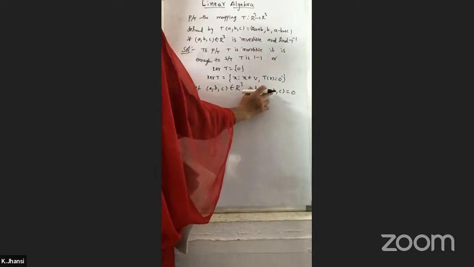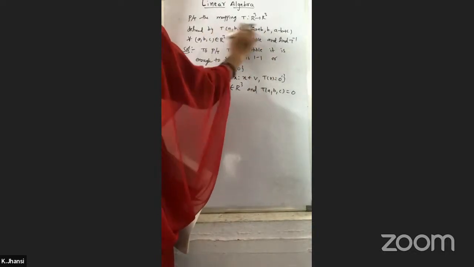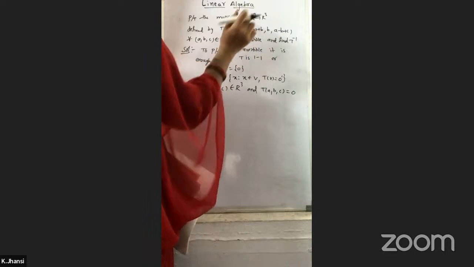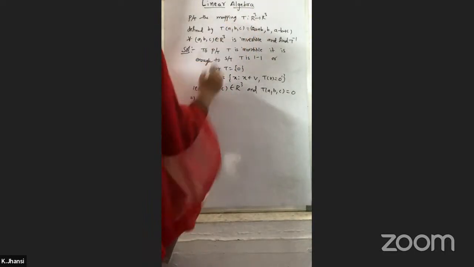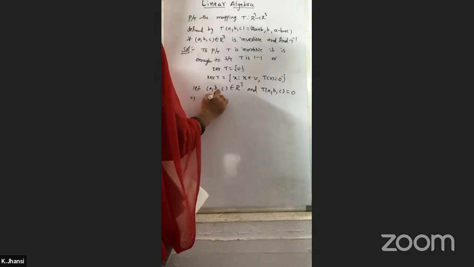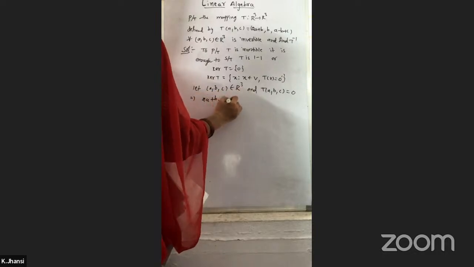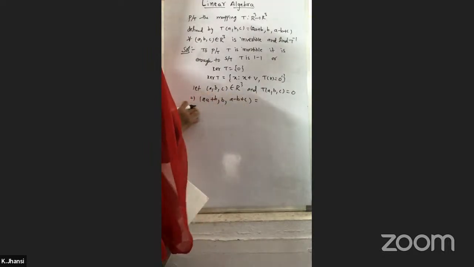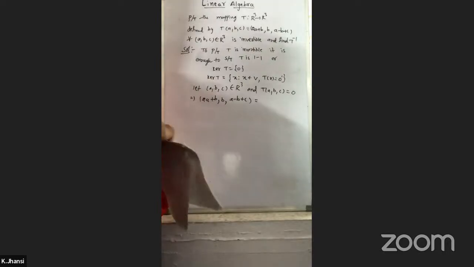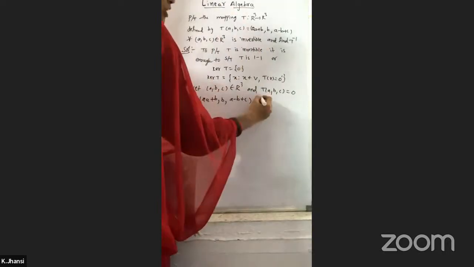So what is T of (a, b, c) defined in the question? That value you have to write. That implies (2a + b, b, a - b + c) equals, since three elements are there, 0 can also be written as (0, 0, 0).